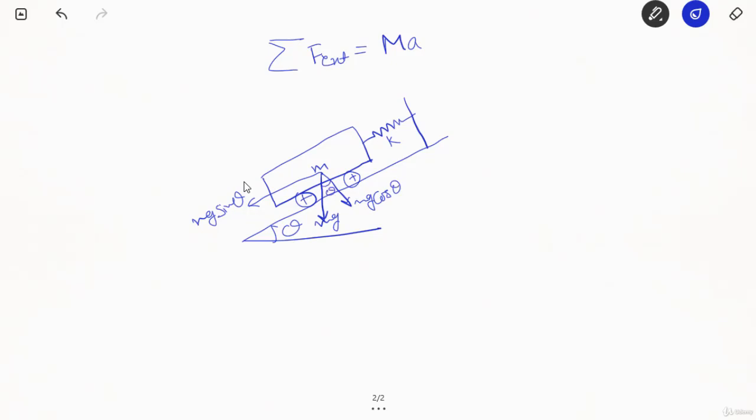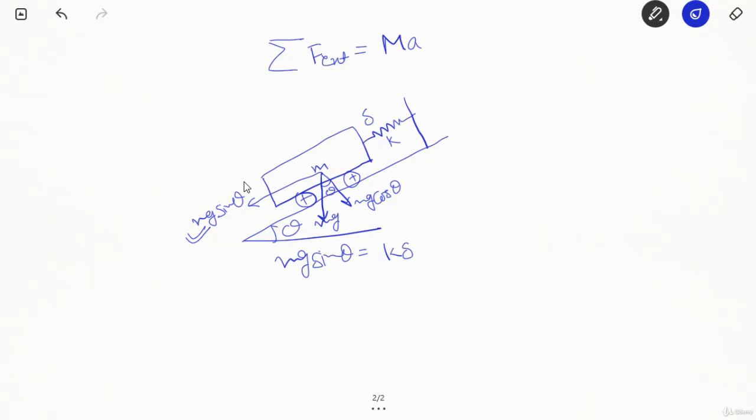Now, under the influence of this mg sine theta, which will try to bring the system down in the downward direction, suppose this system got a deflection of, let us say, delta. Right? Now, if we talk of equilibrium, then mg sine theta must be balanced with k into delta, as we have also discussed in this equation earlier.